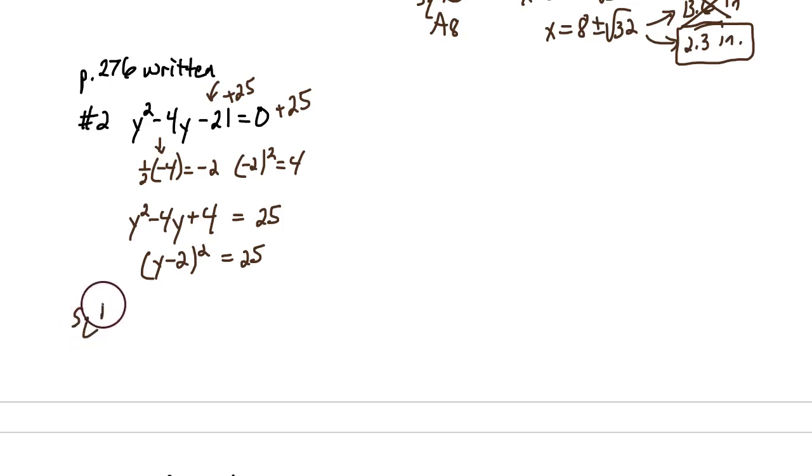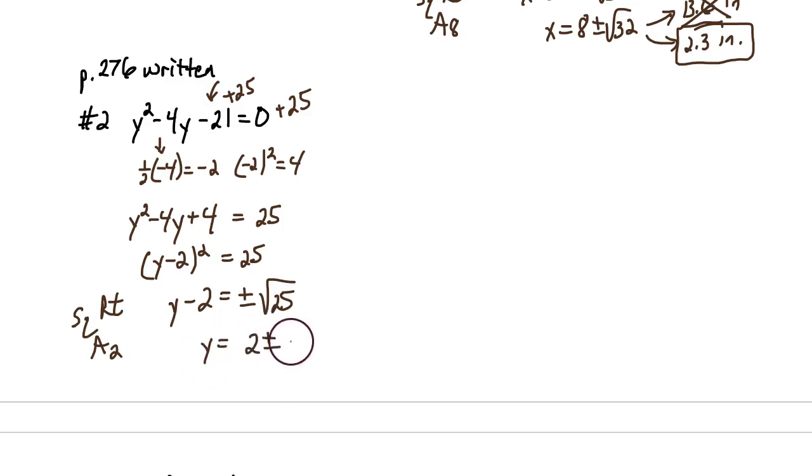Now do square roots. We get y minus 2 is equal to the positive and negative square root of 25. Now add 2 to both sides. We get y equals 2 plus or minus 5. This is actually two answers. 2 plus 5 is 7, and 2 minus 5 is -3.